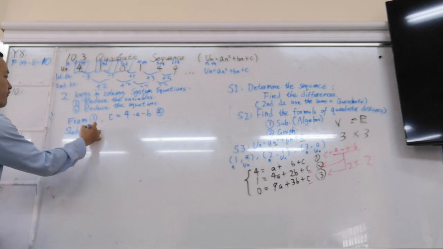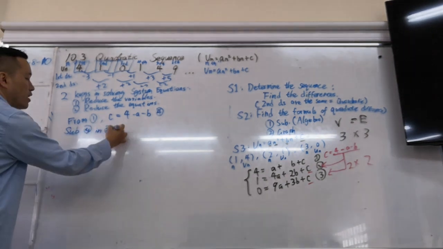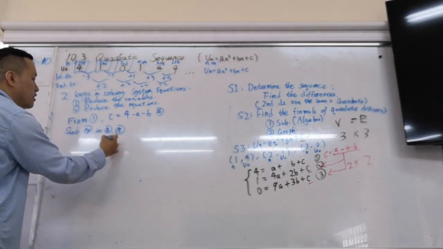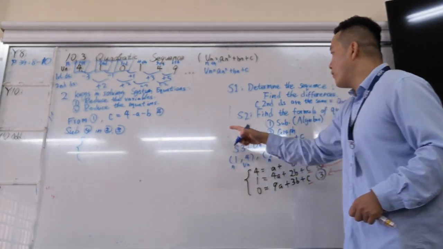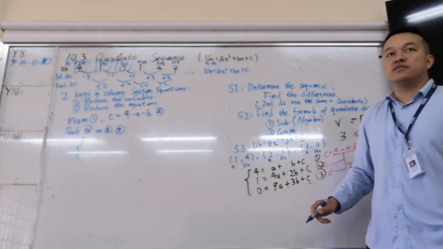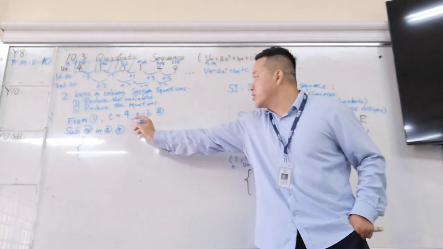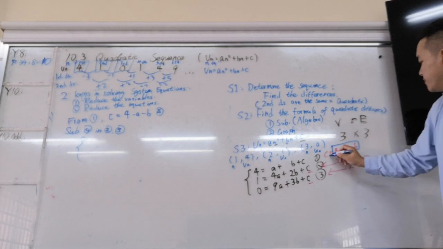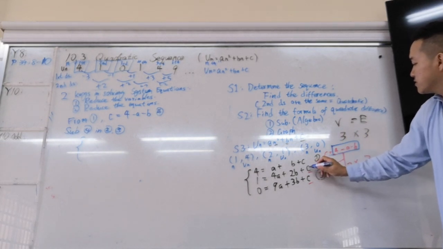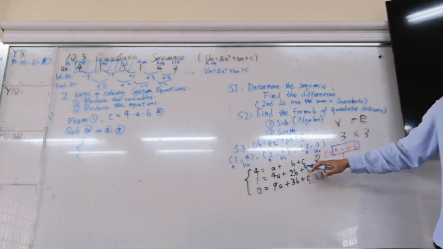Substitute 4 into 2 and 3. If you substitute this 4 into 2 and 3, what do you get? If you just replace the C with the value here, it's no longer C, it's 4 minus A minus B. The whole equation changes to what?